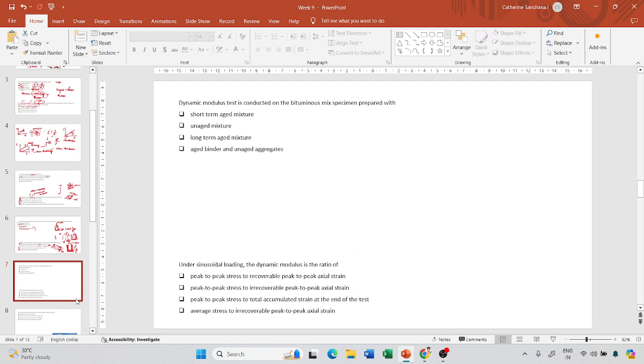Now moving on to the next question. Dynamic modulus test is conducted on the bituminous mixture specimen prepared with what?